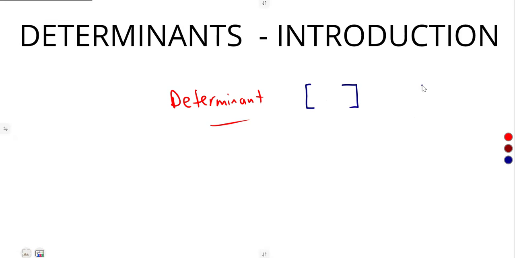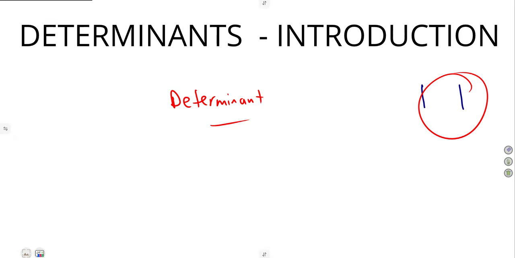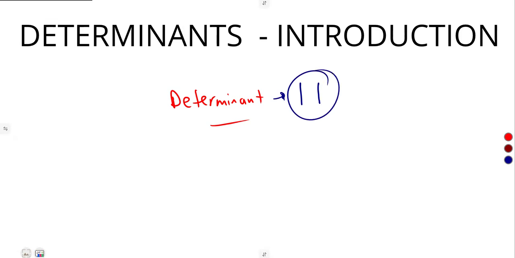Or we can simply use these vertical lines in that manner. And this is the major presentation that we are going to use. But we can use this or we can use that. So we see the difference. The matrix we just present like this, we put the numbers there. So the moment you see these lines, you know that it is to determine the determinant of a given matrix.